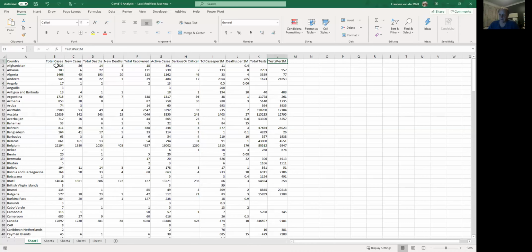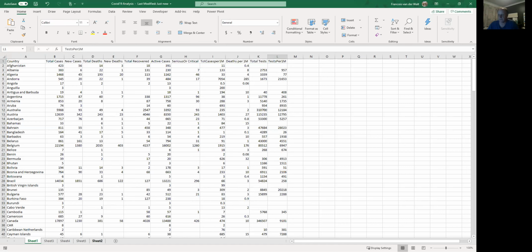If Afghanistan has got 422 and Australia has got 5,900, maybe Afghanistan's rate is more than Australia's. Do you understand that? So you need to look at the variables that are per 1 million. Do you agree with that? All the other stuff is interesting, but if you want to compare two or more countries with each other, you need to look at these variables here.